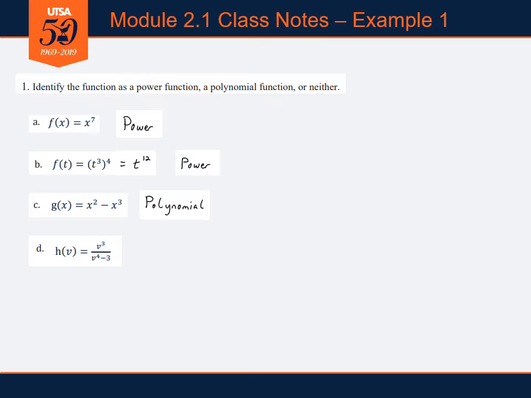That division, and especially dividing by the variable, dividing by that v to the 4th term, means that we do not have a polynomial function.